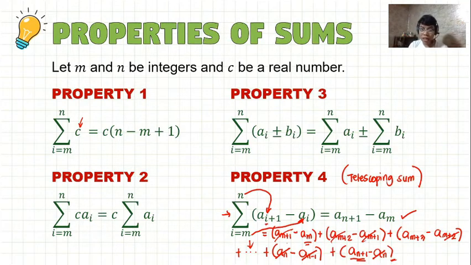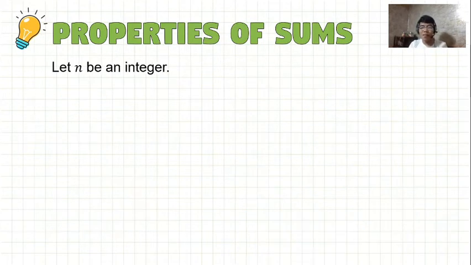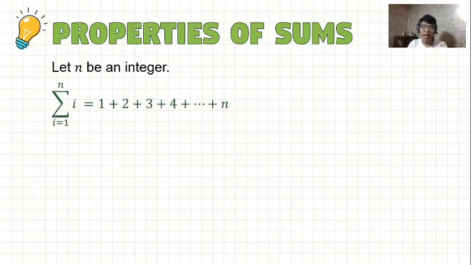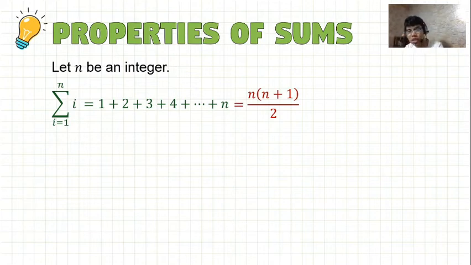Okay, so let's have other formulas here. These will help us solve problems in summation. These are special formulas. First one, the summation of i, where i runs from 1 to n. If you expand this summation, it becomes 1 plus 2 plus 3 plus 4 until plus n. So, what is the formula for that? You have n times n plus 1 over 2.